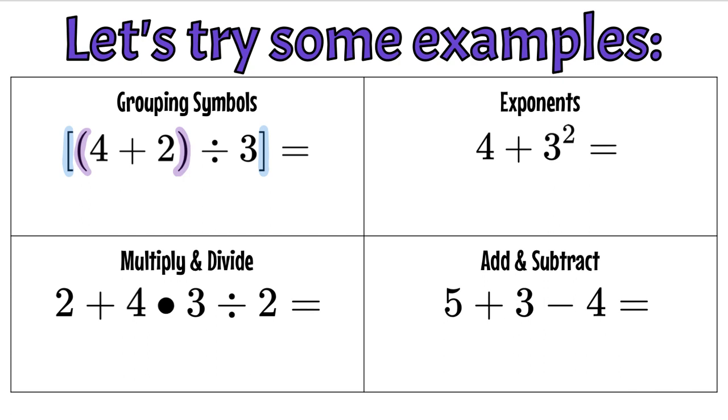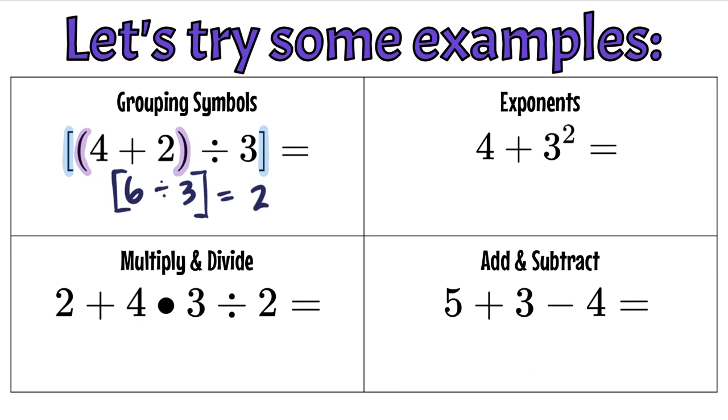Therefore, we're going to start with this simplification here, the 4 plus 2. We know that 4 plus 2 is 6. And then we want to rewrite the other things that we did not simplify. So we simplified the purple grouping symbols there. We got 6. We still have 6 divided by 3 in brackets. And that is going to come next. 6 divided by 3, we have just 2.